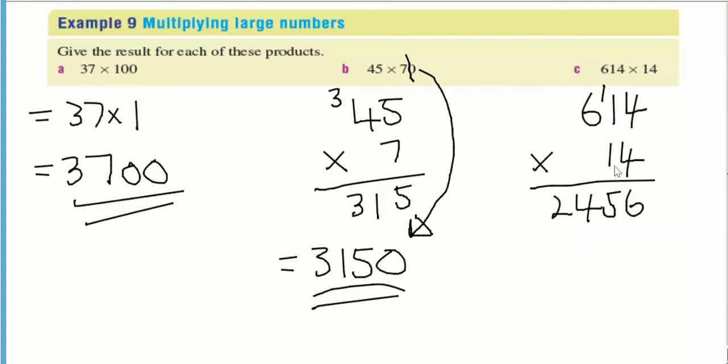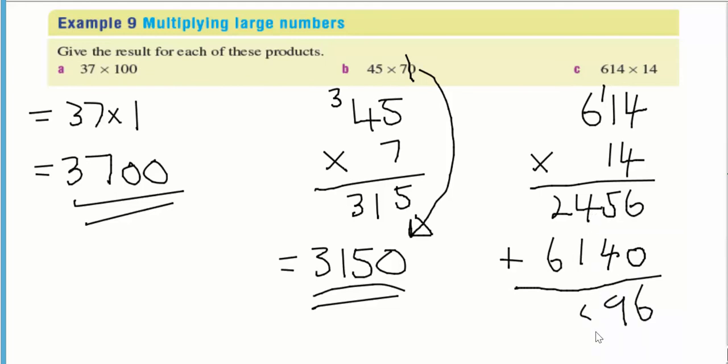Now I've got to multiply by the tens, so I start with a 0 first. 1 times 4 is 4, 1 times 1 is 1, 1 times 6 is 6. Sorry, sometimes I do speak a little bit too quick. Then we add these two numbers together. 6 and 0 is 6, 5 and 4 is 9, 4 and 1 is 5, 6 and 2 is 8. 8,596 is our final answer for that one.